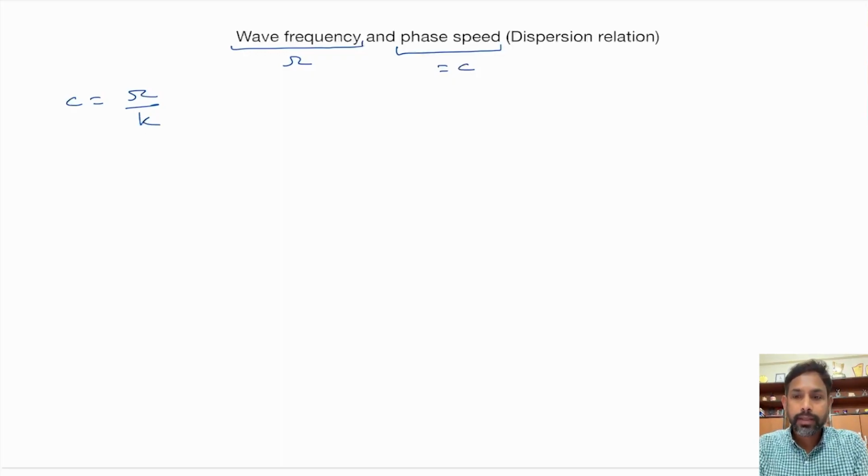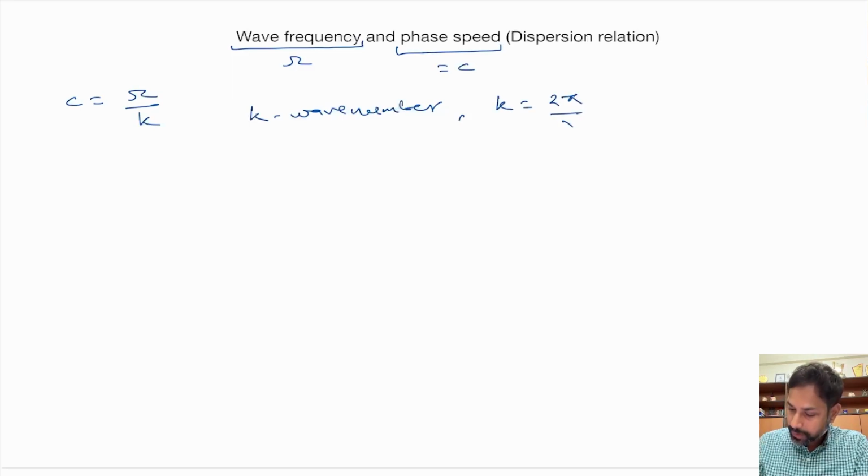Okay, if you recall that, and if you go back to the previous lecture, you should be able to figure out what the phase speed of a wave and the wave frequency are, and both of them are related to each other, where k here is the wave number, which is related to 2 pi by lambda, and lambda here is the wavelength, right? So all these things we have studied.